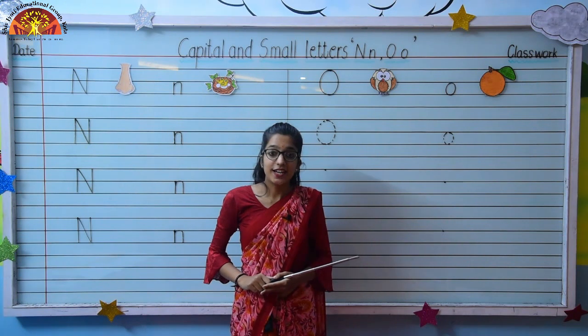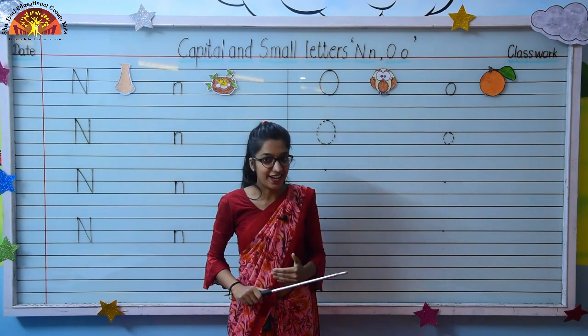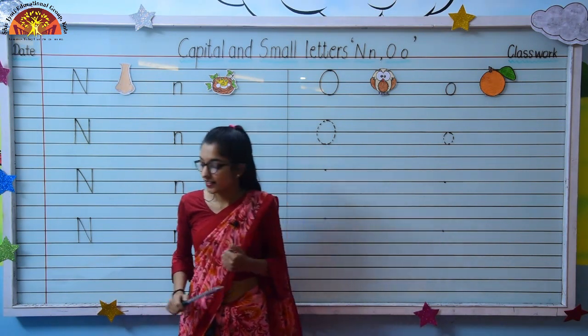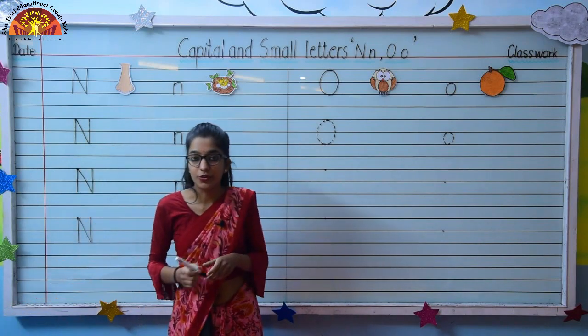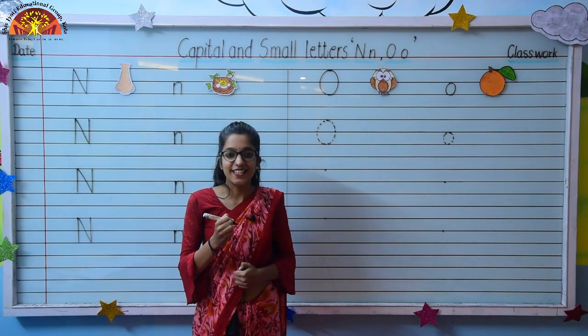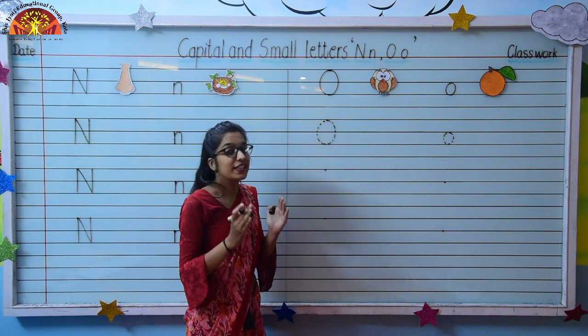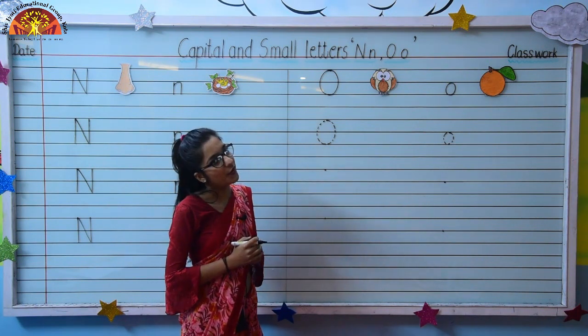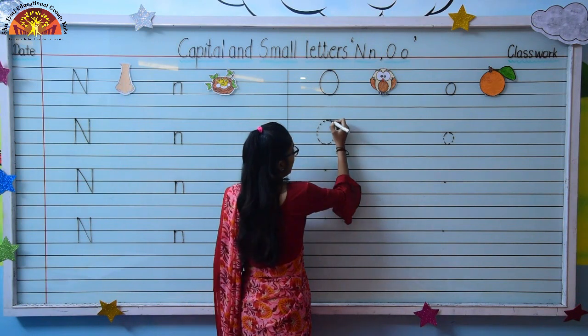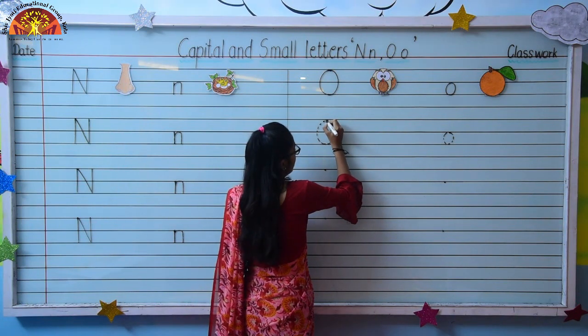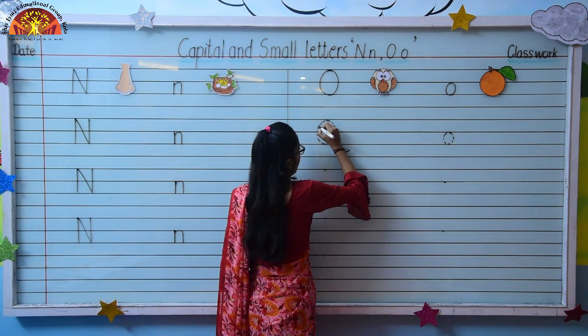Now let's start tracing. Hold your pencil. First we will do tracing of capital letter O. Start from here. Draw a long curve.